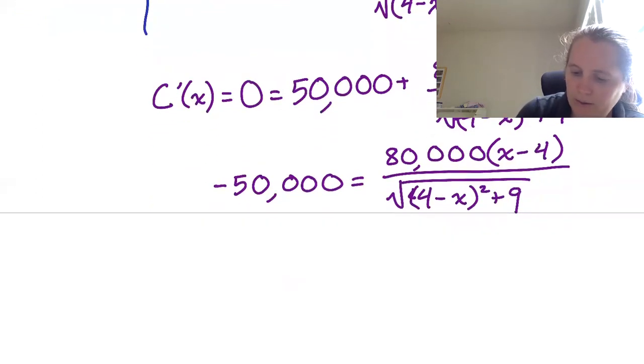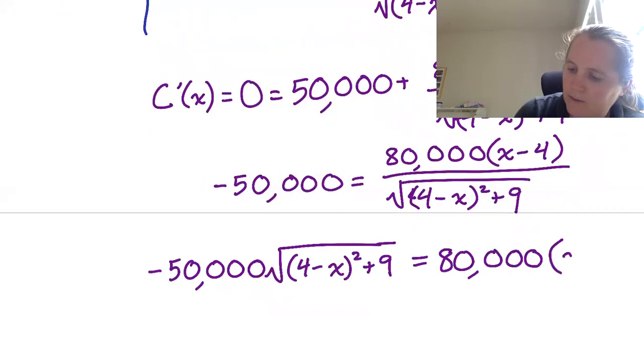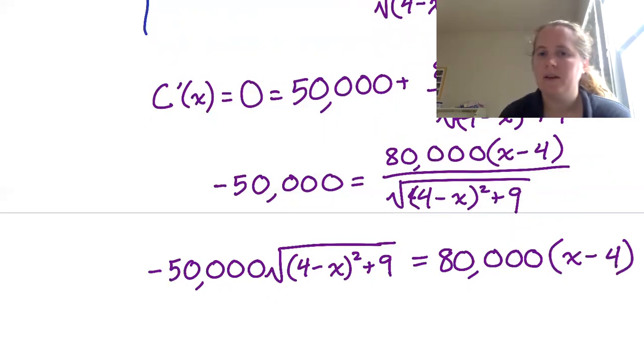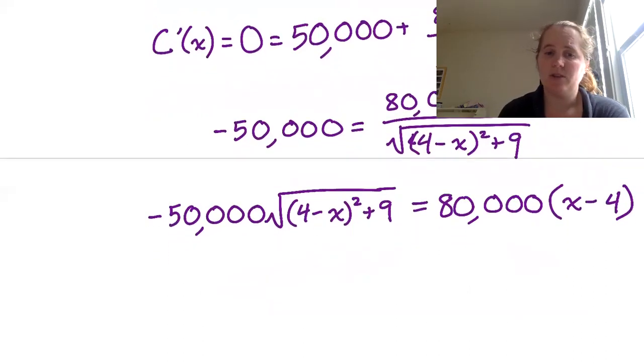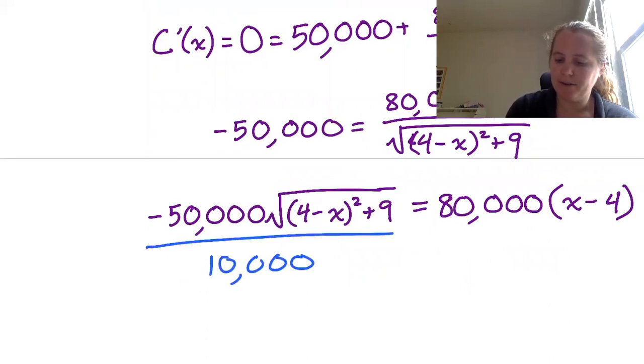Multiply by that square root, we'd have negative 50,000 times the square root of (4 minus X) squared plus 9 is equal to 80,000 times (X minus 4). To make my job a little easier, I'm going to divide by 10,000 on both sides, so I don't have to work with these large numbers.